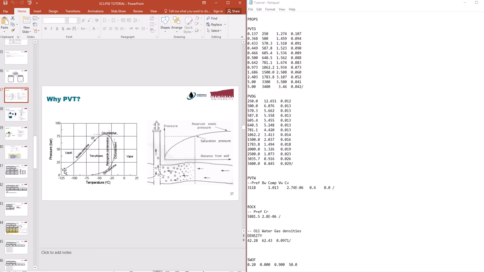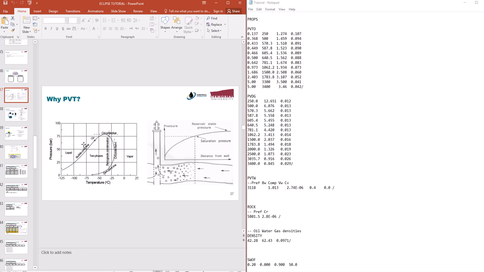So in the phase envelope, this line up to the critical point will be the bubble point line, and after the critical point, this will be the dew point. So based on the reservoir initial temperature and pressure, we can say that, for example, this reservoir is a black or volatile oil or gas reservoir. Okay, so why is it important?